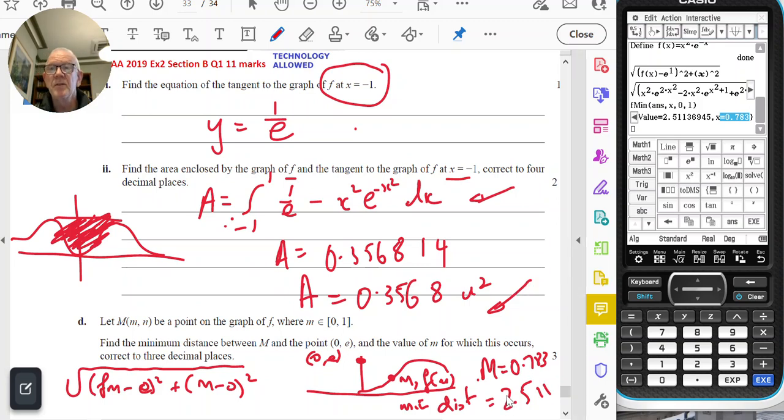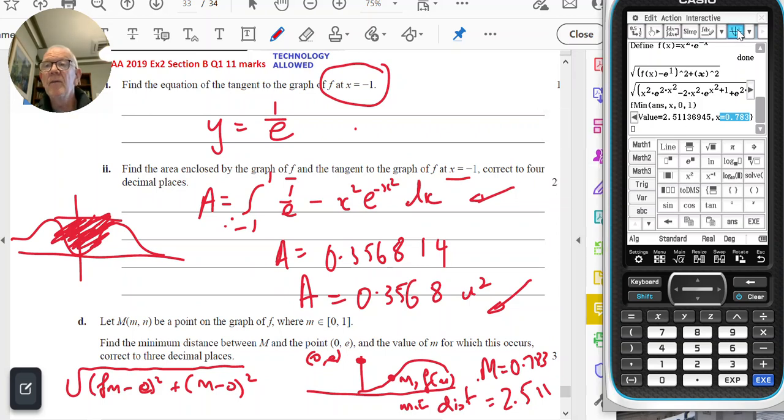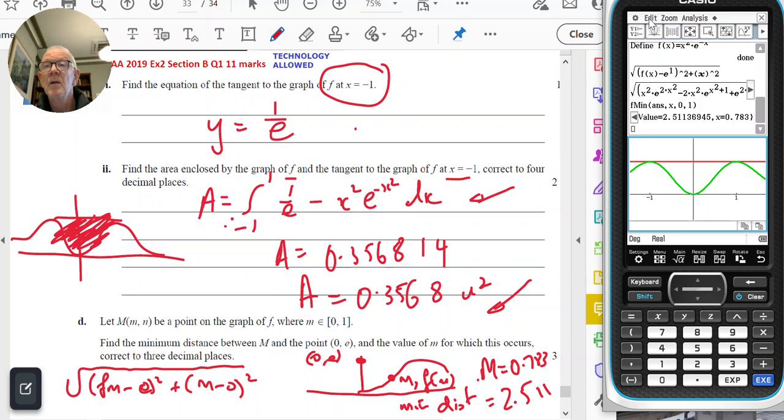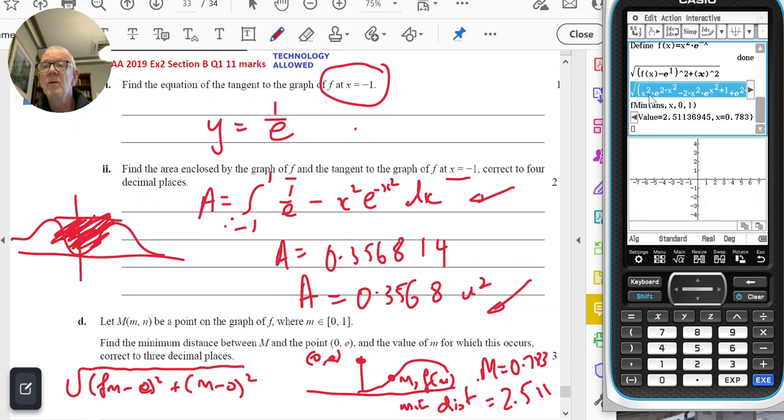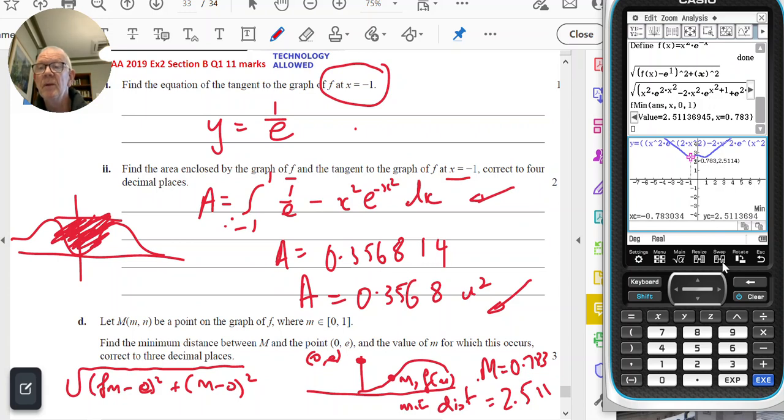So there's my two answers, and that used an f min. I could have, if I wanted to, graphed my distance, and I found that analysis G-solve minimum is going to give the same two answers that we got by doing f min up over here.